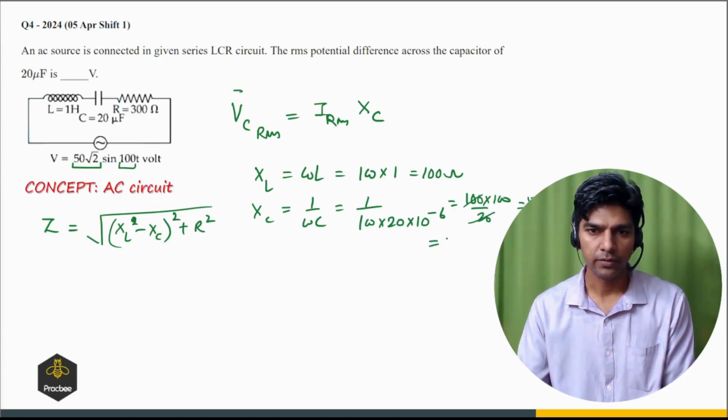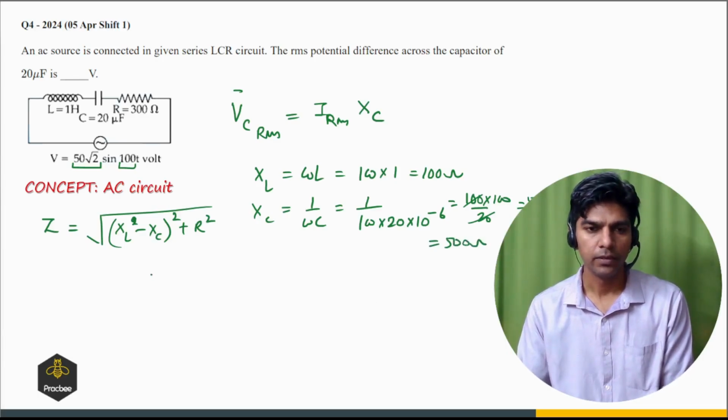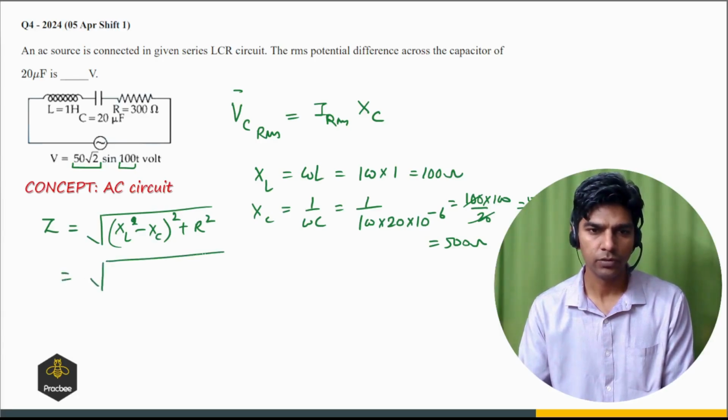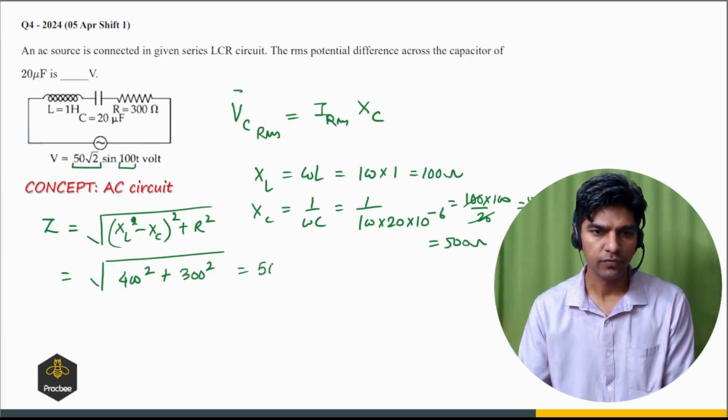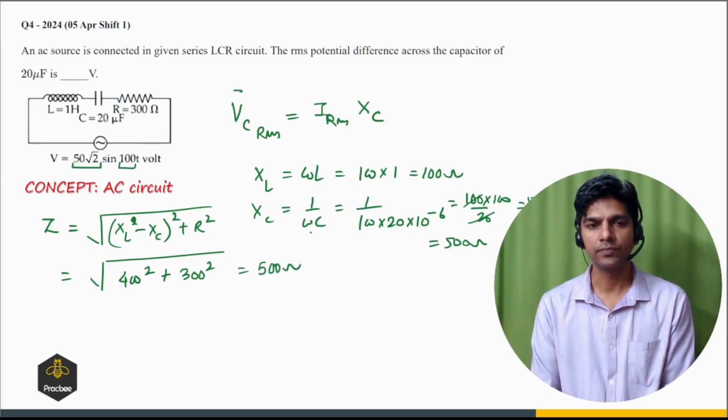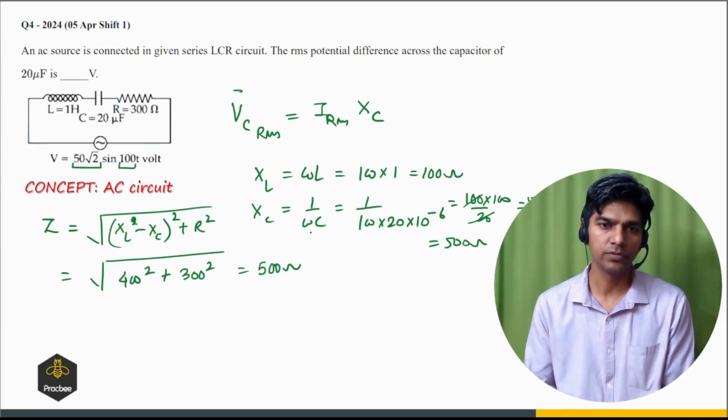So we can say impedance will be root of 400 square plus resistance 300 square. So it comes out to be 500. So the impedance of this circuit will be 500 ohms.